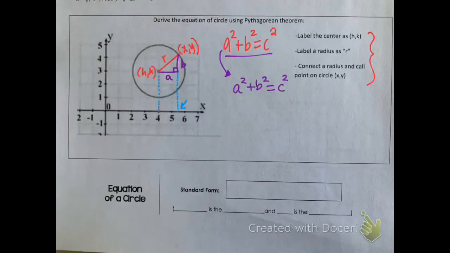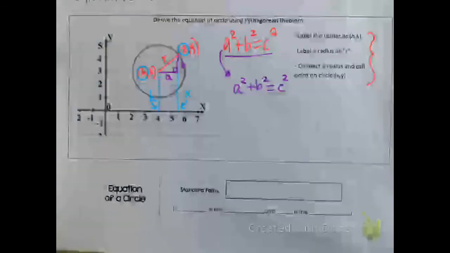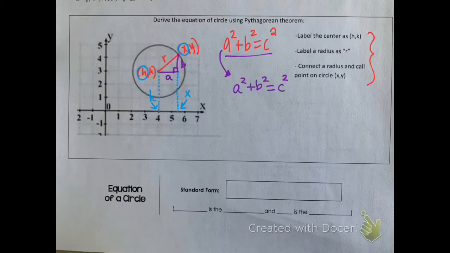So what is the value here? Well, this would be x units across, and then what's the value here? This would be h units across. So in fact, in order to rewrite a, I would take x and subtract h from it.